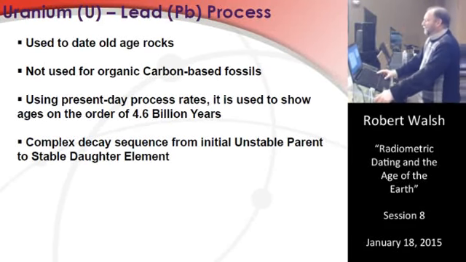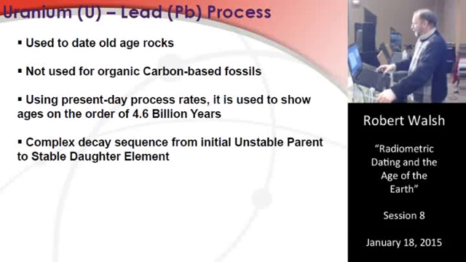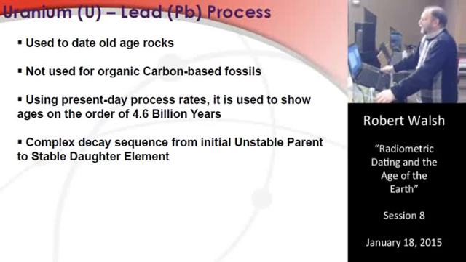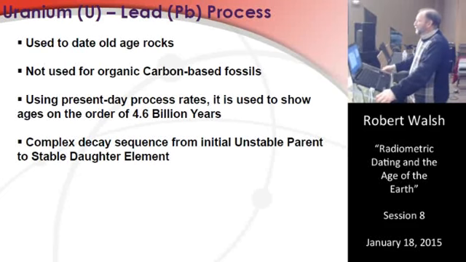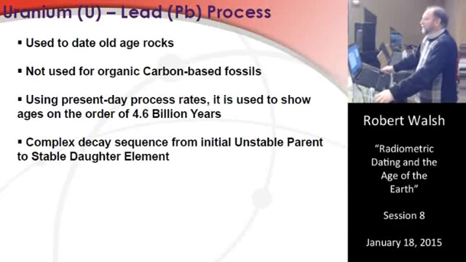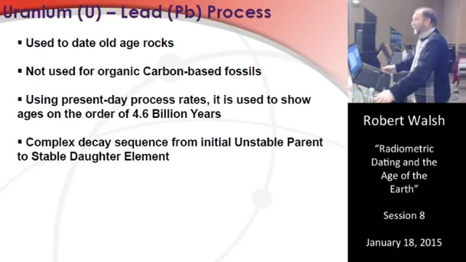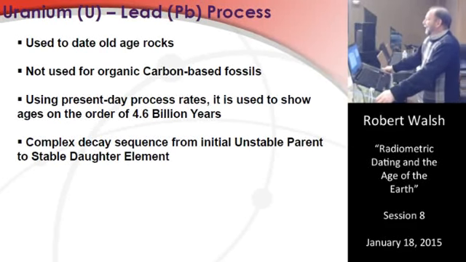If the half-life of uranium, the uranium-lead process, is on the order of billions of years, what might you conclude about organic material? It's not going to be around, right? 4.3 billion years. So this would not be theoretically a good method to date organic material. Therefore, uranium-lead is not used to date organic material.